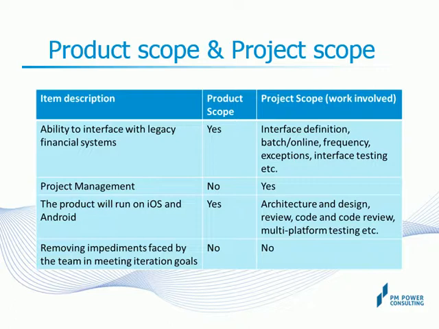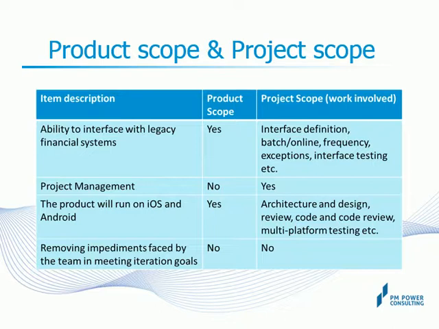In the next column, you can see the work implications in addressing this product scope element, such as interface definition, whether the interface is batch or online, the frequency of updates if it is batch, handling exception conditions, testing the interfaces, and so on. All these work items comprise the project scope associated with the product scope element.